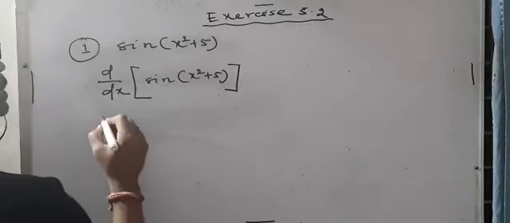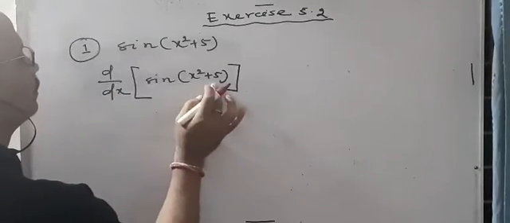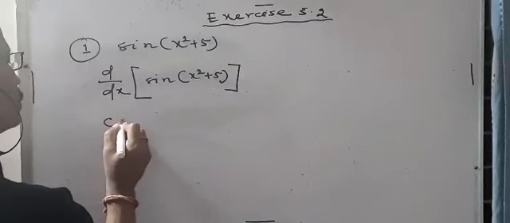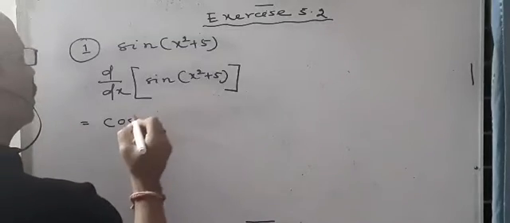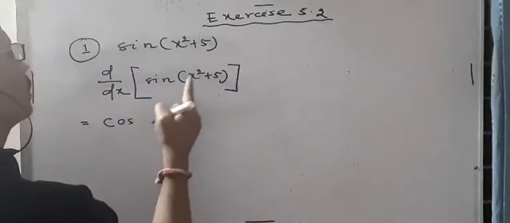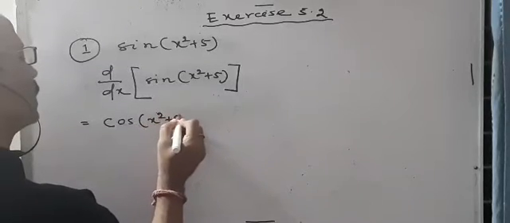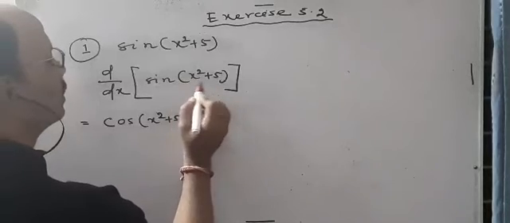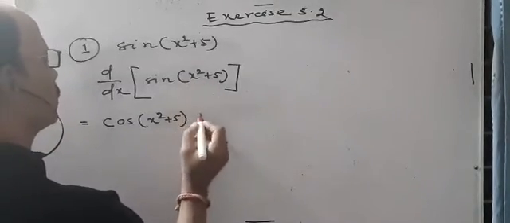it will be what? d/dx of sin θ will be cos θ. So cos θ means cos(x² + 5). Then we have to differentiate whatever there is in the bracket, that is the polynomial function.